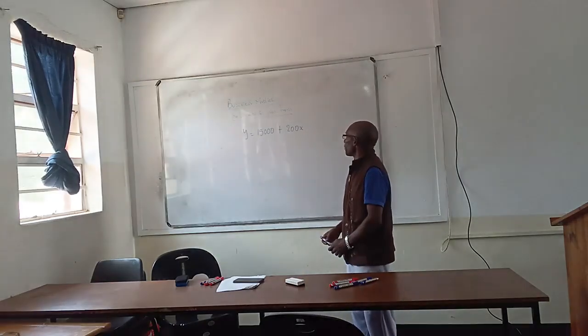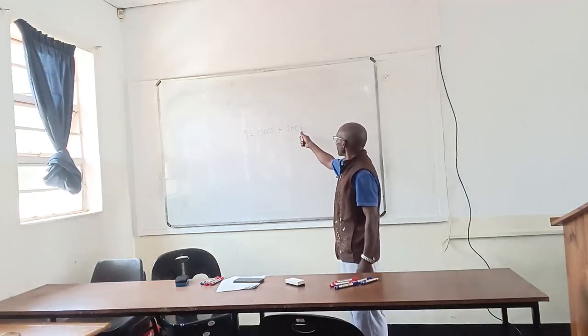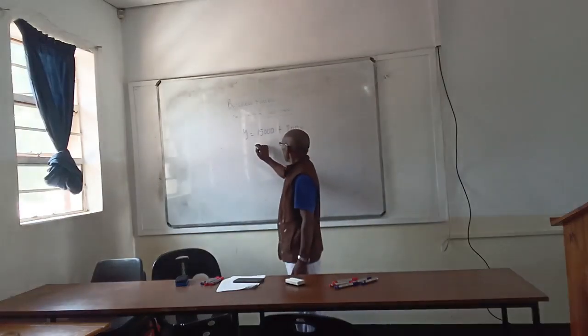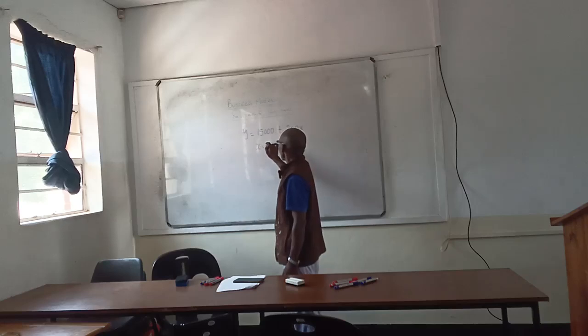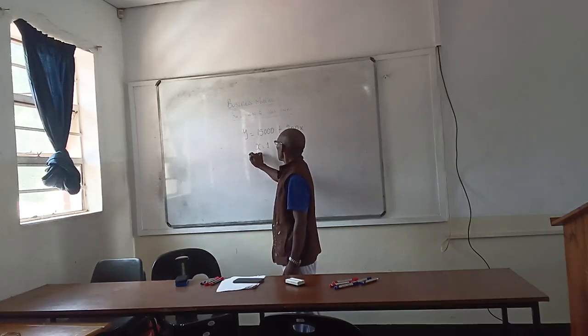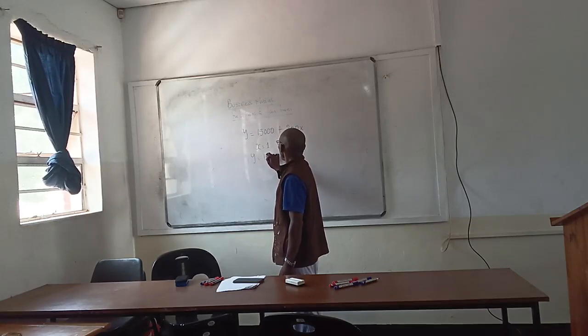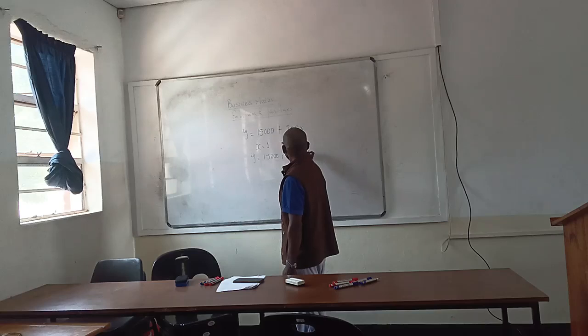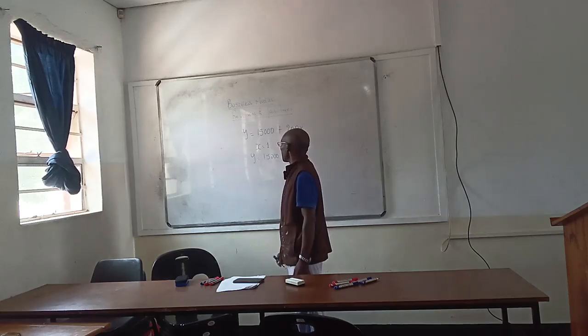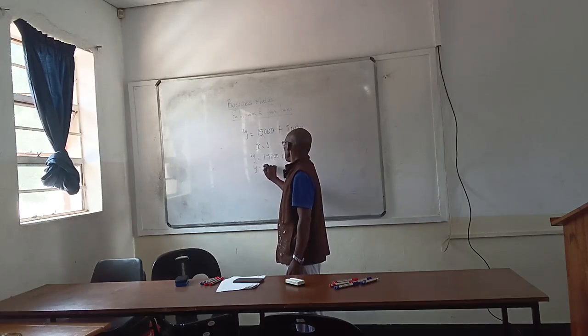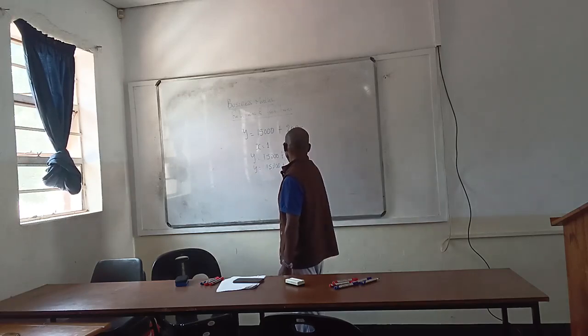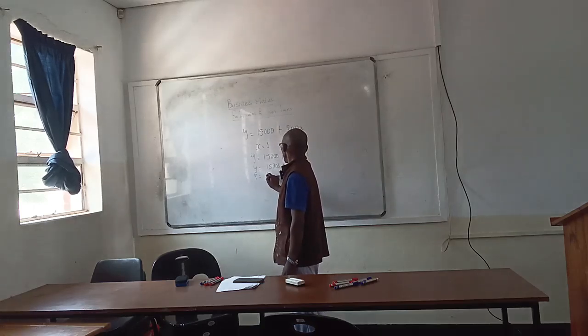For example, taking x equals 1, y is equal to 15,000 plus 200 multiplied by 1, which gives y equal to 15,200 kwacha.